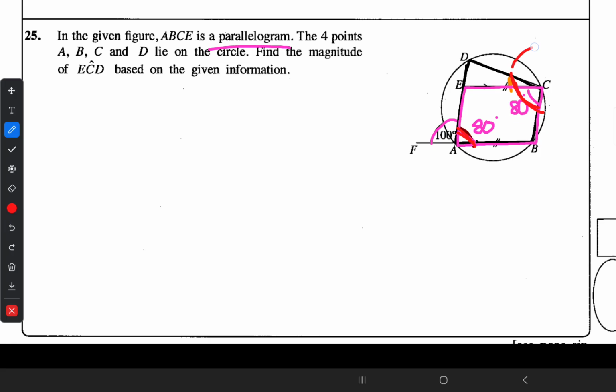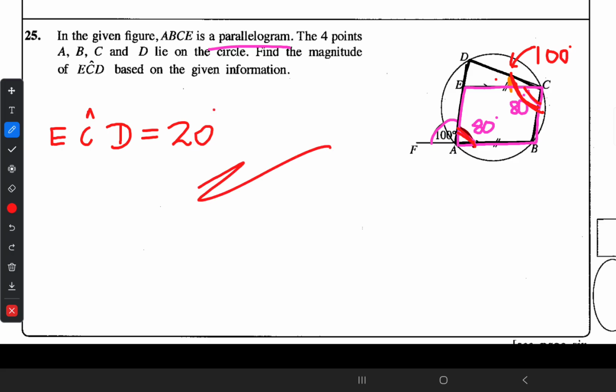From 100, when you subtract the larger angle portion 80, the remaining is DEC, ECD. ECD would be 20 degrees. Here we used the cyclic quadrilateral theorem and thereafter opposite angles of a parallelogram.